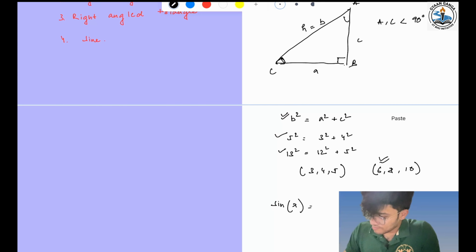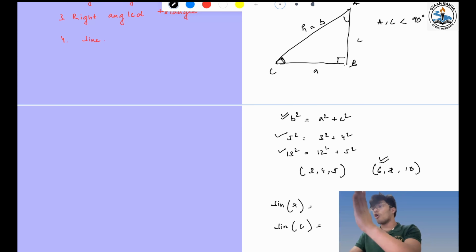Say for C, the perpendicular is actually the side opposite to it, that is C, and the hypotenuse stays the same, this B. However, for sine A, the perpendicular again becomes the side opposite to it, so it is A and the hypotenuse becomes B.